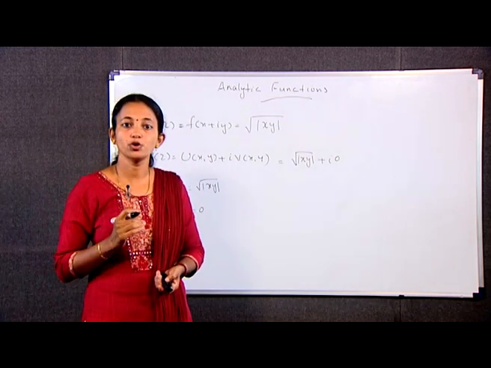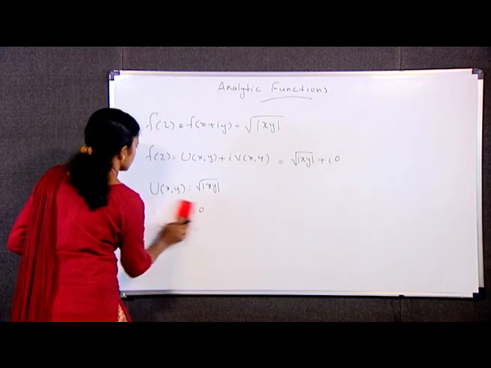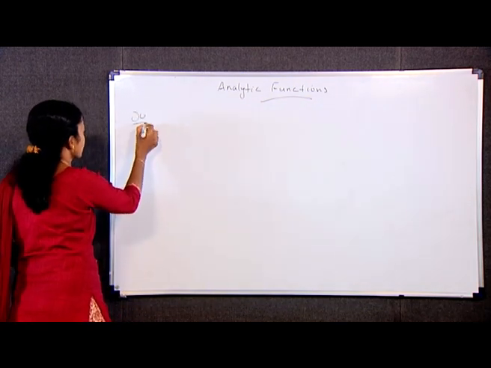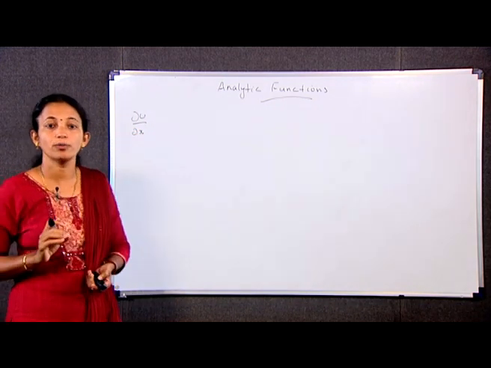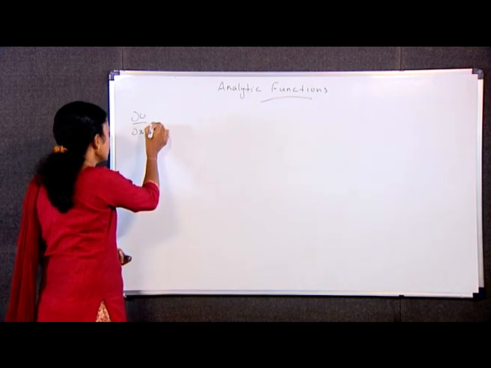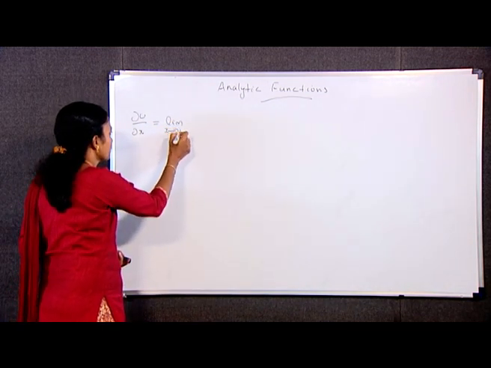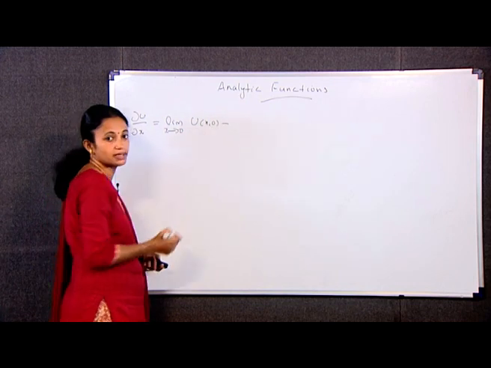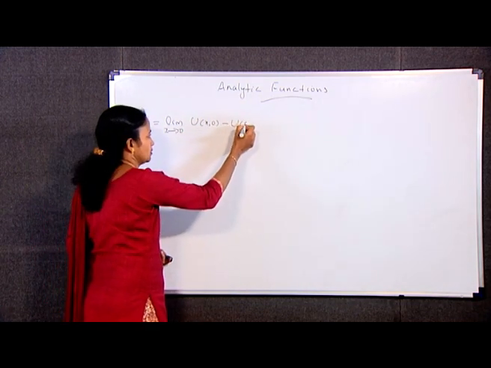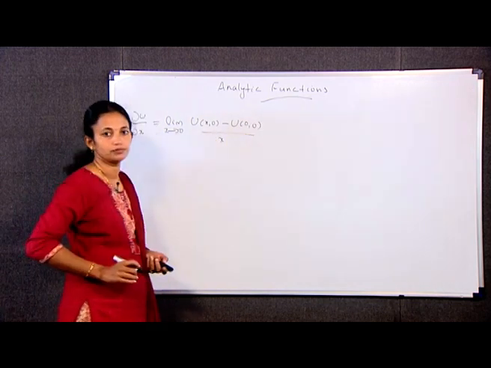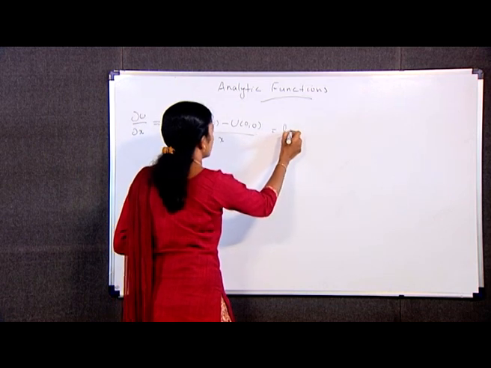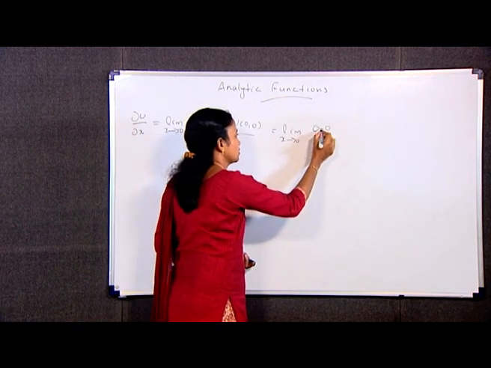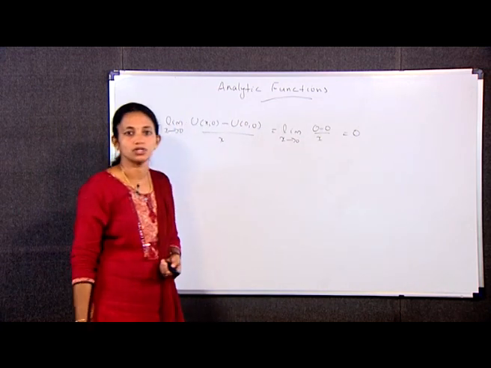At the origin, dou u by dou x is equal to the limit as x tends to 0 of u(x,0) minus u(0,0) by x, which is the limit of 0 minus 0 by x, so this is equal to 0.